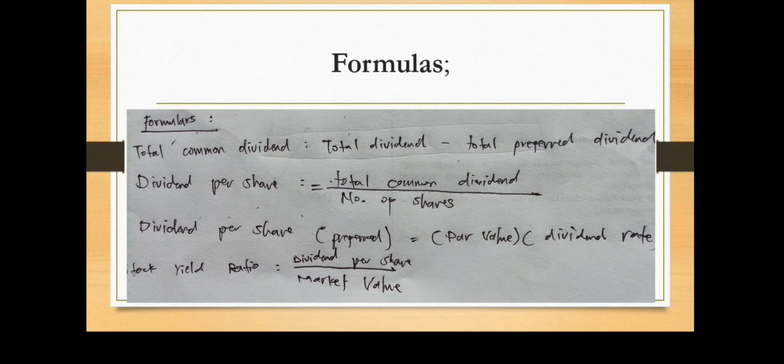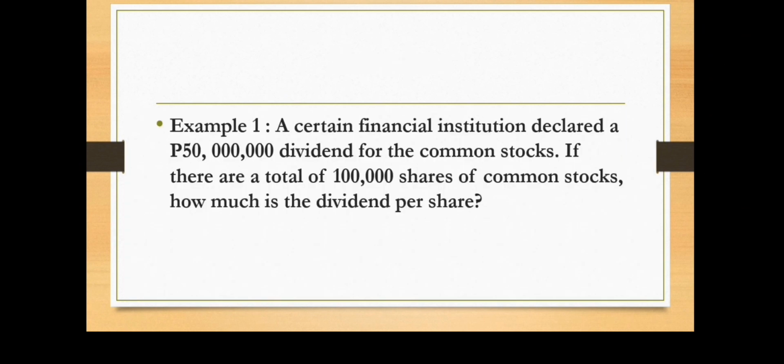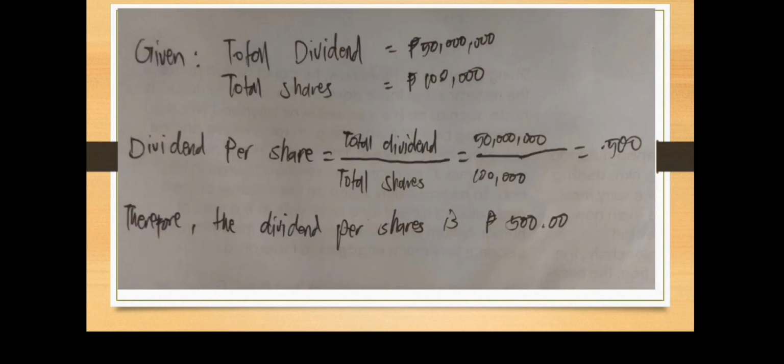The total common dividend over the number of shares. So our total common dividend is 50 million pesos and our total shares is 100,000. So this is how to get the answer. Given the total dividend, which is 50 million pesos, and the total shares, which is 100,000.